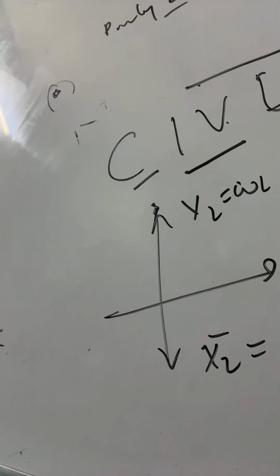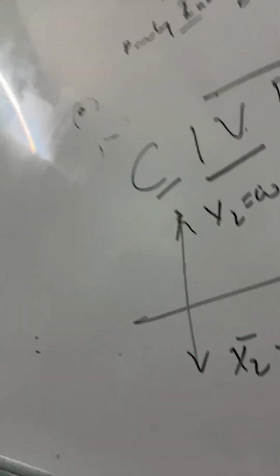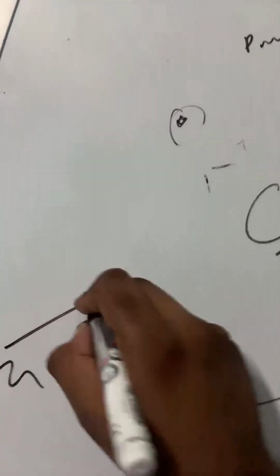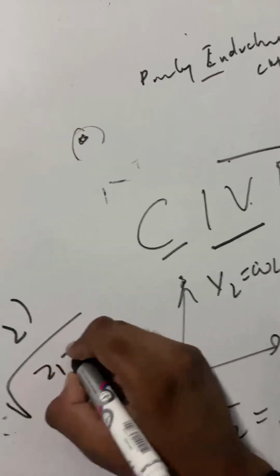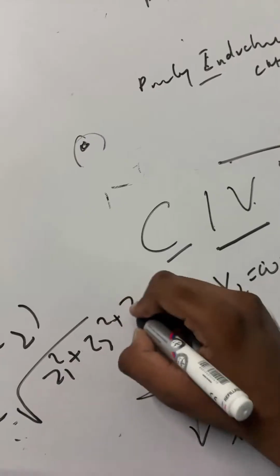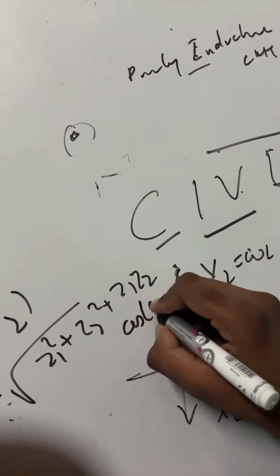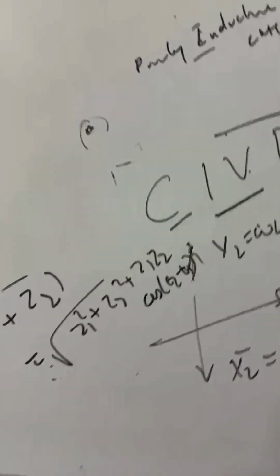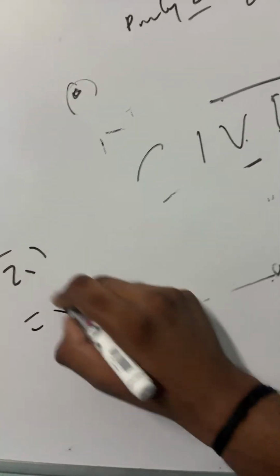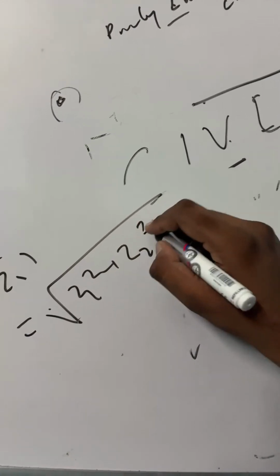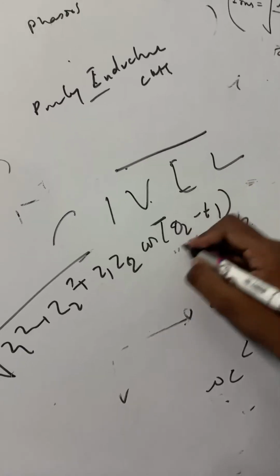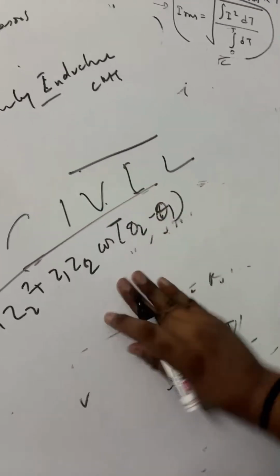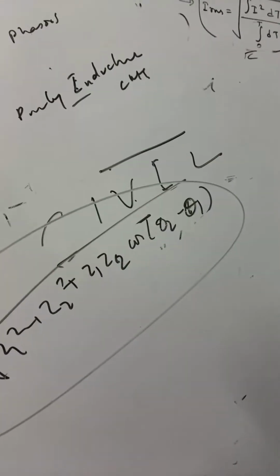And addition of complex numbers, I think you all know, it's very easy, like the vector sum. For z1 plus z2, the magnitude equals root under z1 squared plus z2 squared plus 2 z1 z2 cos of theta 2 minus theta 1. This is the vector sum.